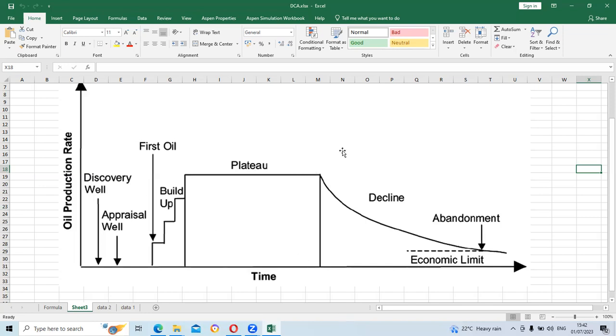So the reason why I took time to explain the various flow regimes is because this particular equation, which we call the Arps equation, that is used to predict the future performance of the reservoir at this stage, is valid only when we have boundary dominated flow.